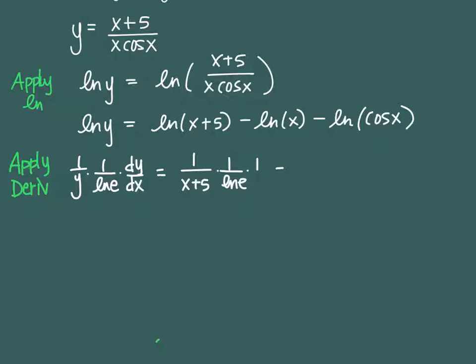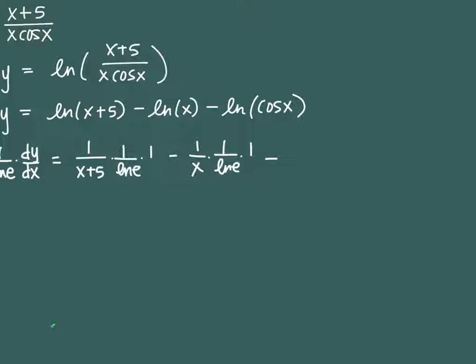Minus the natural log of x is 1 over x times 1 over the natural log of e times 1 again. And my last minus is 1 over cos x times 1 over natural log e. And then the derivative of cosine x, which is negative sine of x.